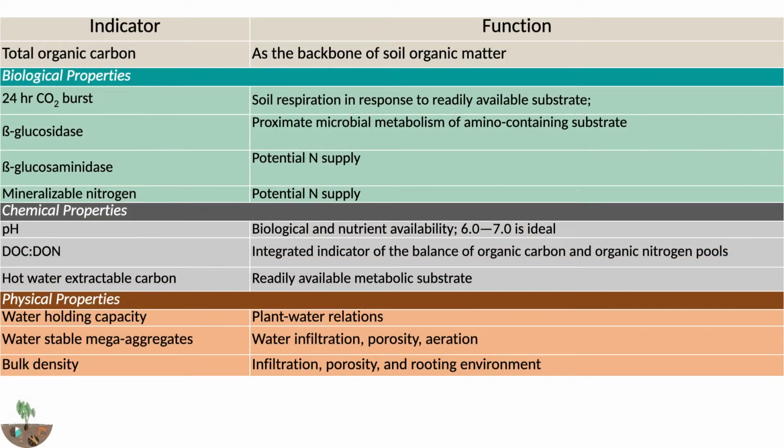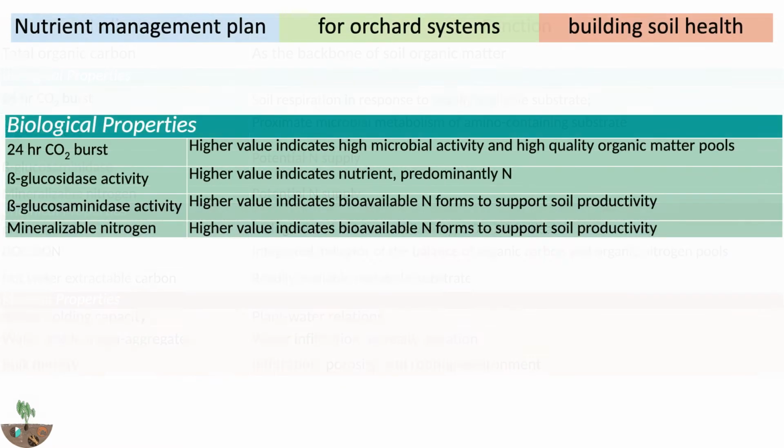So here's a little bit of a function. I don't want to go into these each, but we have materials where you can read about these more in depth. The takeaway point is that each and every indicator has a meaning, it has a function. It's unique within itself, and it tells us something useful about the soil. But I did want to highlight these because I want to relate it back to nutrient management.